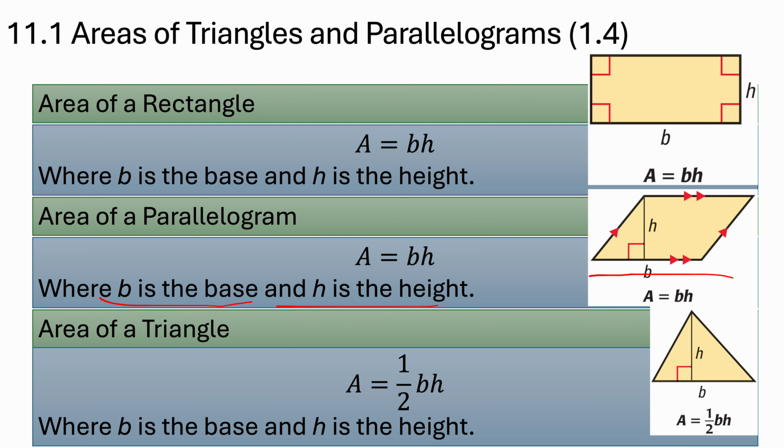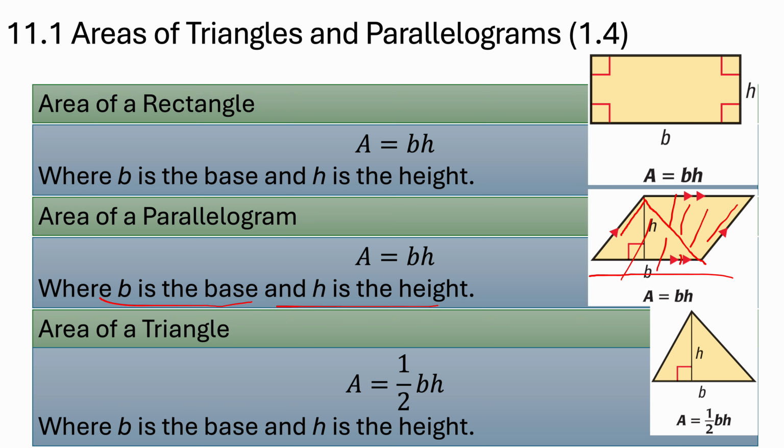Let's see how you arrive at this area of a triangle. If you divide the parallelogram like this, it has two triangles which have the same area. The area of this part would be half base into height, and this part's area would also be half base into height.